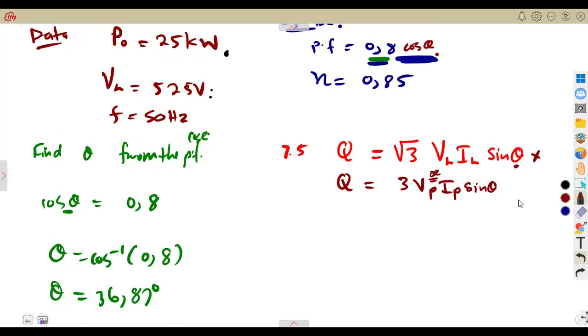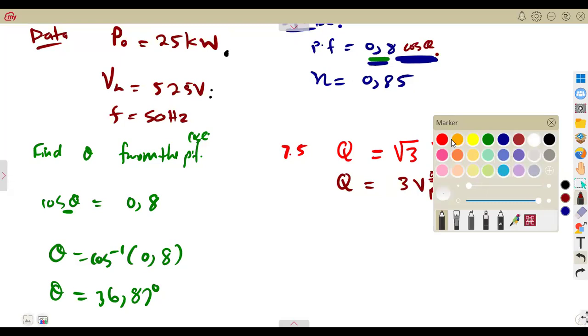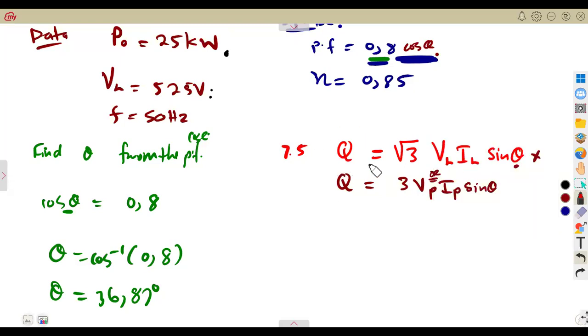All right, so from this, we can now calculate the reactive power since we have got the angle. Remember our line current, we calculated this before.